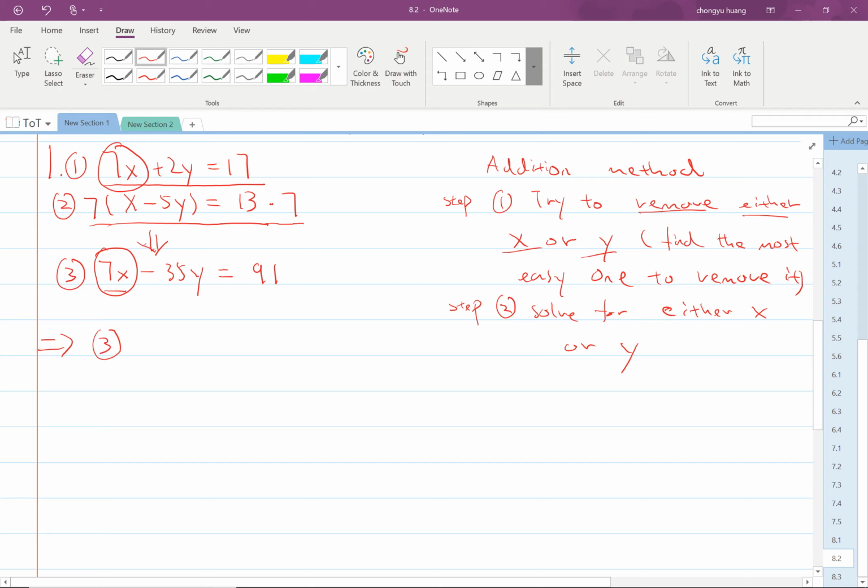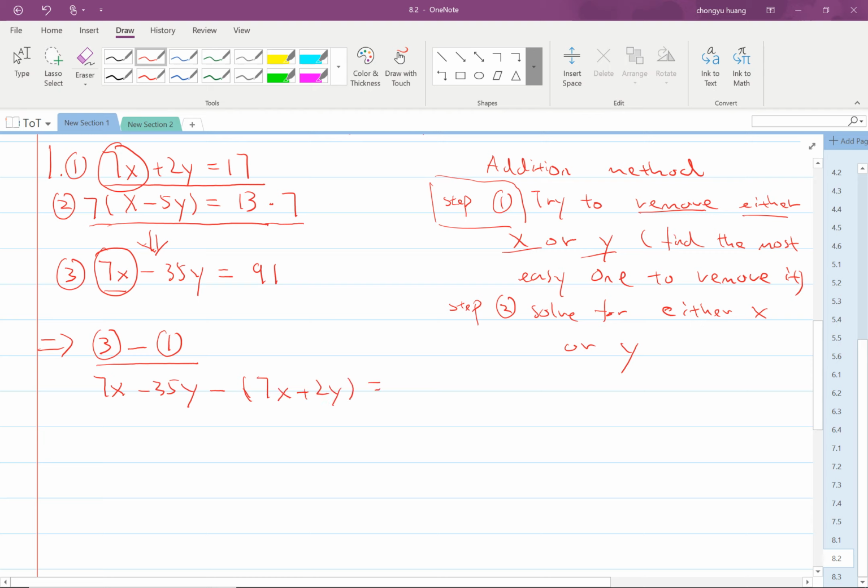As in step 1, I told you guys, you try to remove either x or y, right? So basically how you actually remove it is you're using this statement. You try to remove it: 7x minus 35y, and then minus 1 is basically 7x plus 2y, right?